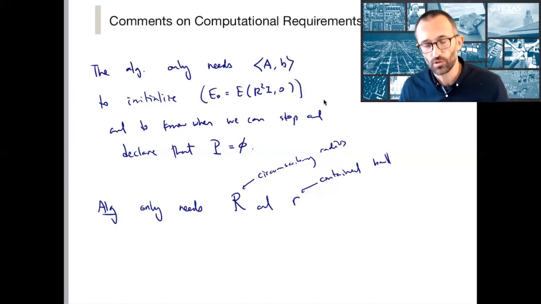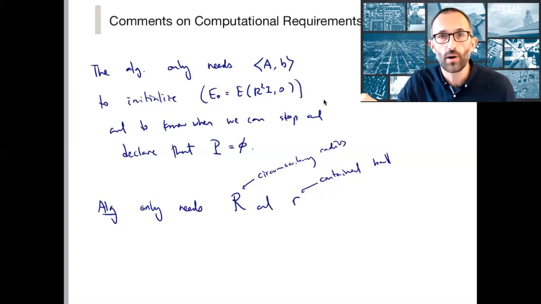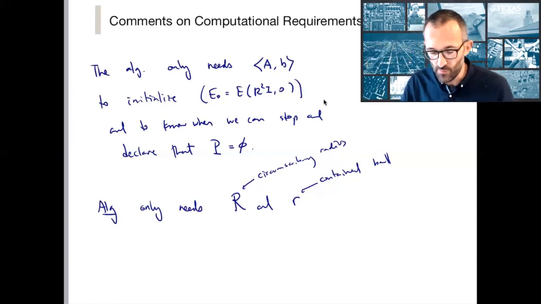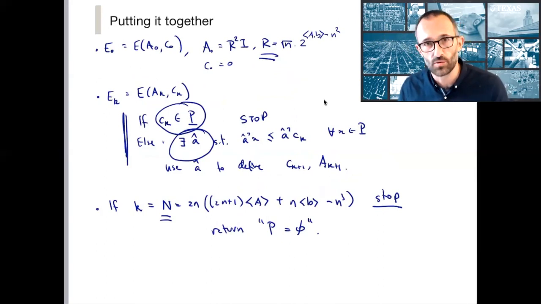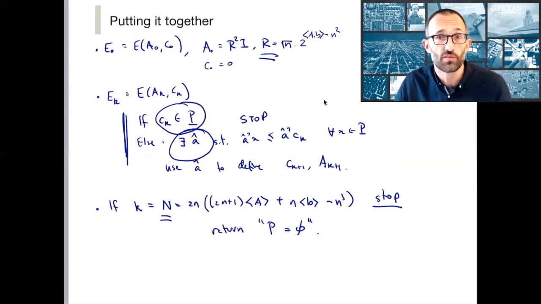Now, just a historical note on the ellipsoid algorithm: it was already a breakthrough the way that I presented it, where we base the radius capital R and this lower bound on volume on the description length. It is applicable to any explicitly specified linear optimization problem with rational coefficients.